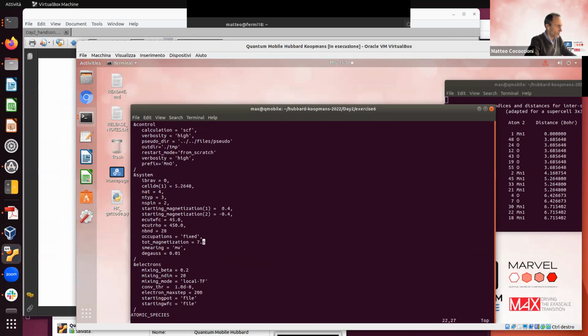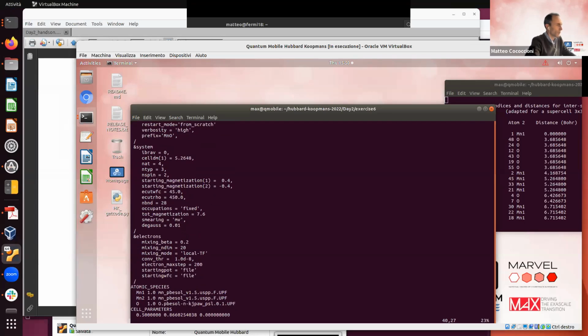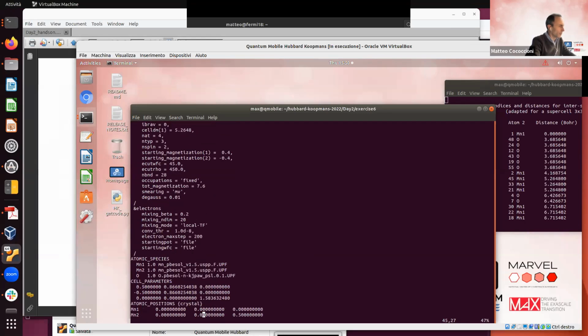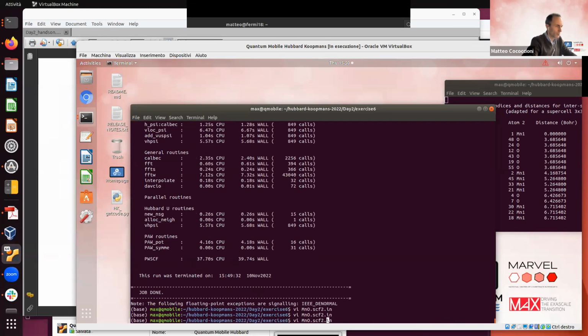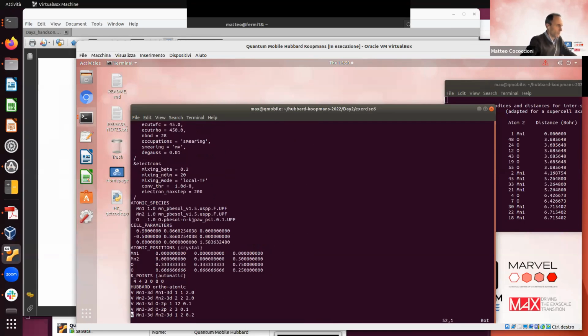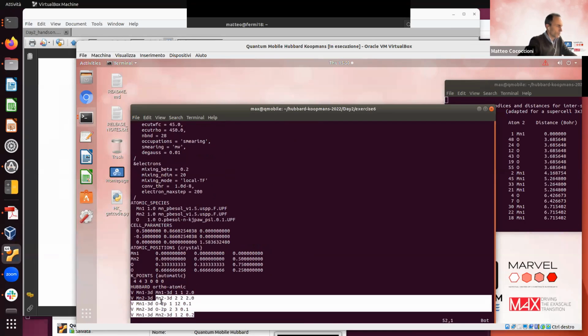This would be with occupation fixed, and you have to start from file both potential and wave function for that to run faster. And I think that's it. And you use the same K-point grid, okay? So it should, of course, also have the same values for U and V. So these ones now.